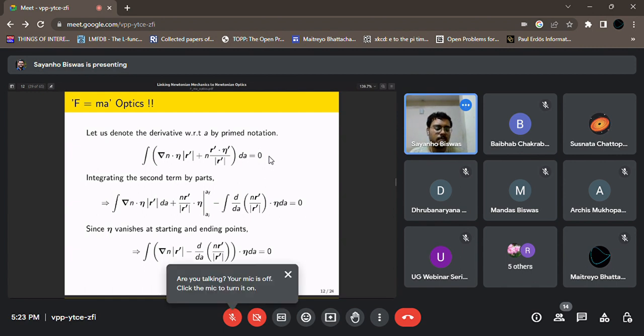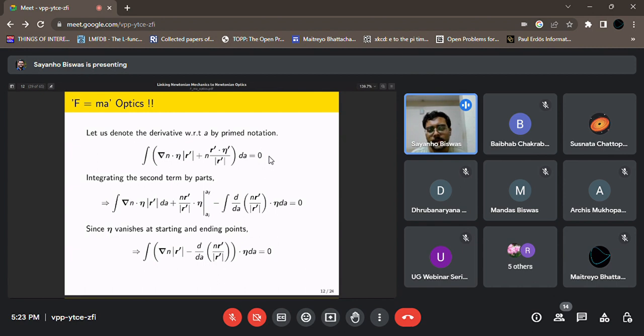Now, we know the distributivity property of this inner product over vector addition, basically. So if this is a dot b plus c dot b, then we can write it as a plus c dot b. This is the basic simple distributive law.